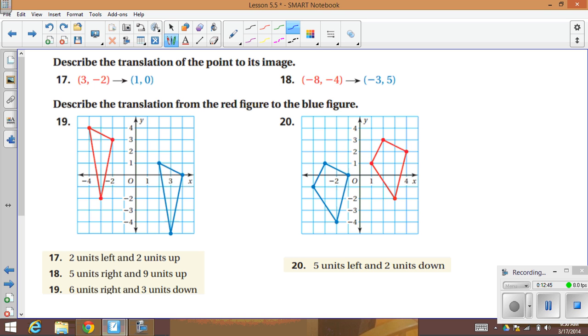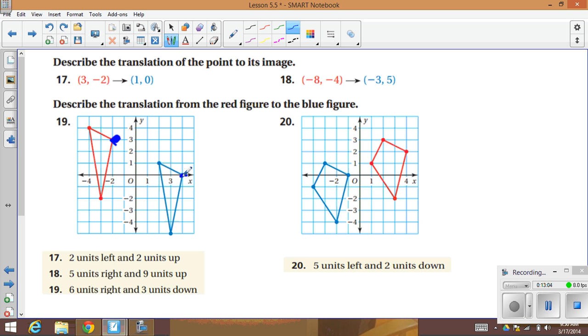So 19 and 20 are just like 17 and 18, except for 19 and 20 you're given a picture. So number 19, just take 2 points and make sure they're corresponding. So I'm going to take this point and see what the location is.